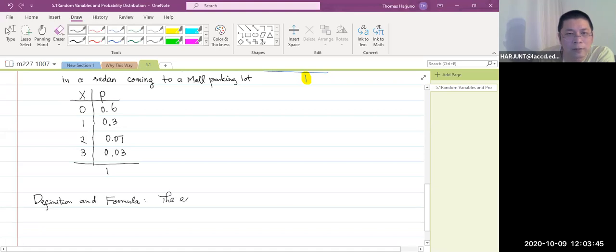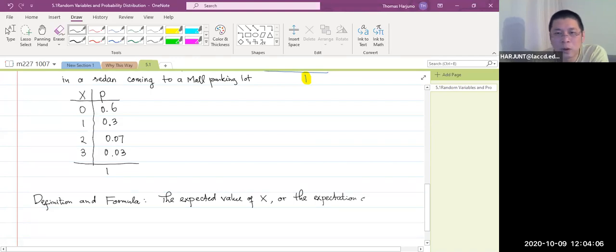The expected value of X, or the expectation of X, denoted by capital E, parenthesis, capital X as the random variable.